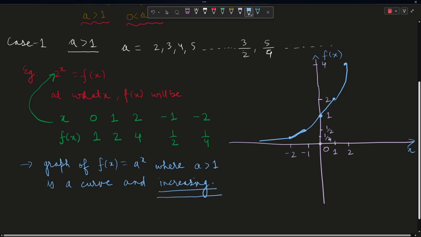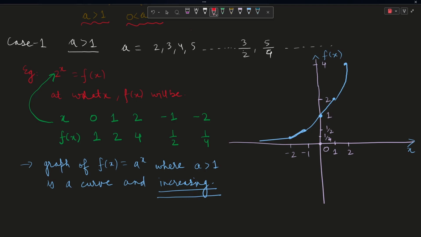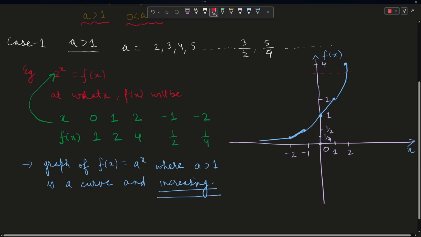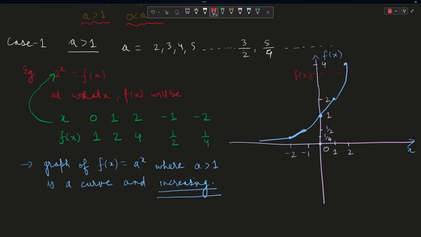Now, where the word increasing came from is important to understand. So what we can do is understand it by assuming some points. Let's say we have some point here, I'm naming it f of x1, and some point here, f of x2.